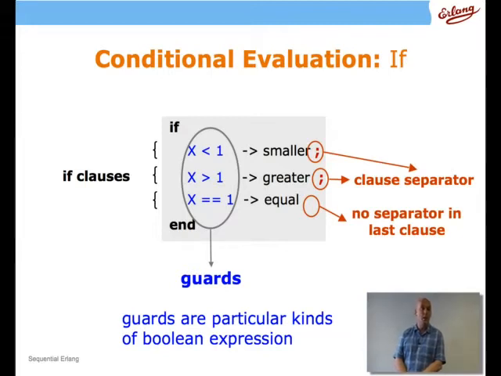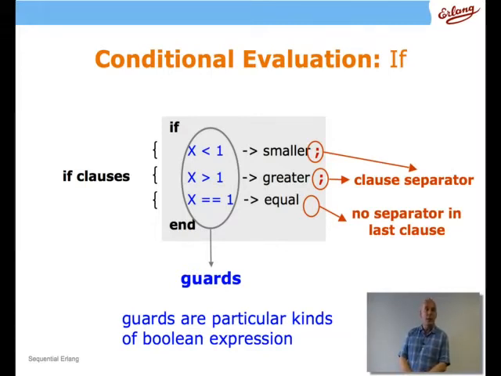Now if you're familiar with other programming languages, this is a place where Erlang differs, in that guards are not arbitrary Boolean expressions. And so the next few slides will talk through exactly what guards can be. But you can't write, for instance, a function call inside a guard. The idea is that guards should be evaluated quickly, guards shouldn't fail, guards shouldn't go into an infinite loop, guards shouldn't have side effects. And so there are syntactic restrictions on what you can put into a guard expression.